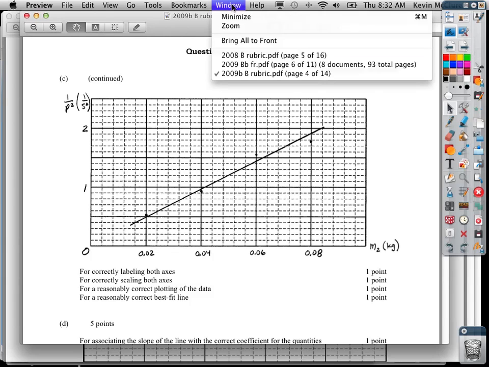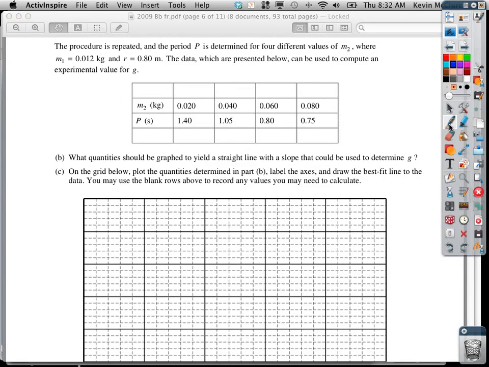So once again, how to deal with this. Their thing was G is equal to some stuff over M2 and P squared like this. And if you want to make a graph that gives you G by the slope, because you're always looking for this to be the slope of the line, you need something on top and something on the bottom.